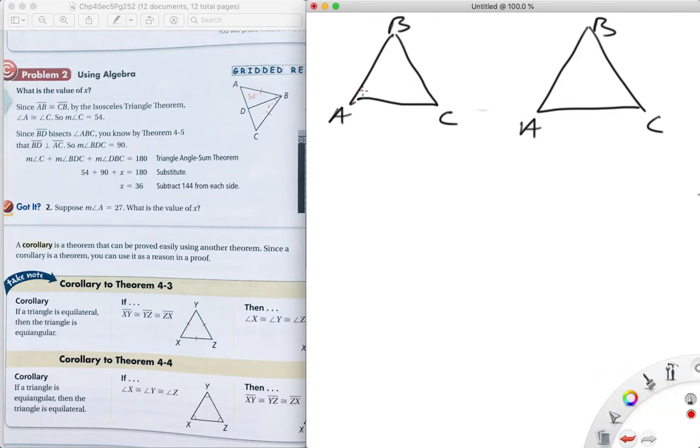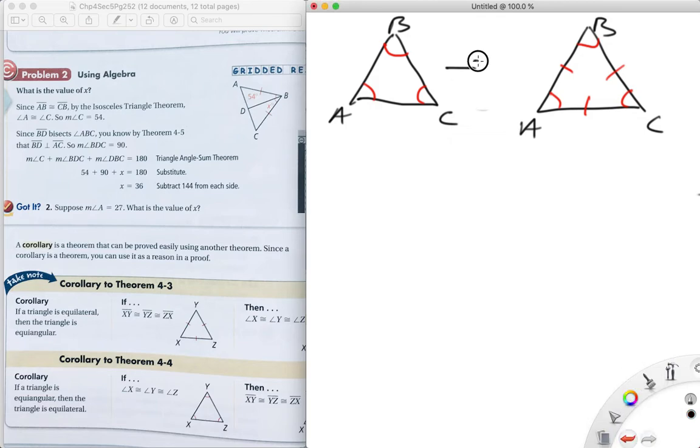Just like before, for the isosceles triangle converse, we said if the base angles are congruent, then the sides opposite of those base angles are congruent. Well, if we were to add on to this theorem, if we added a third angle, then maybe that also means the third side, right? So all three sides are congruent. So that is what a corollary is.